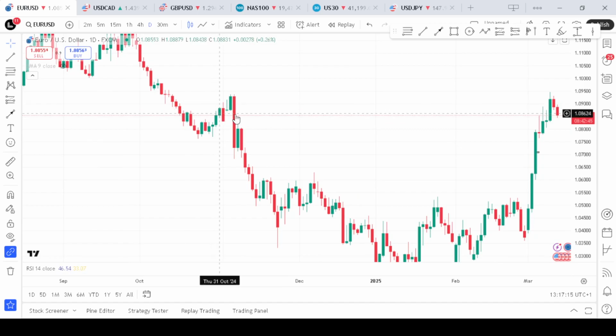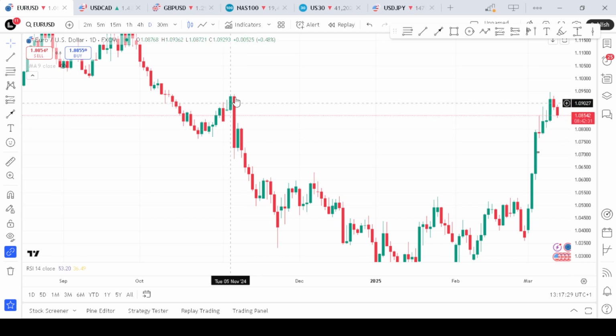The size of the candle deduces what happened during the price, and it deduces the momentum in price. Large bodies indicate strong momentum, while a smaller body suggests weak momentum.